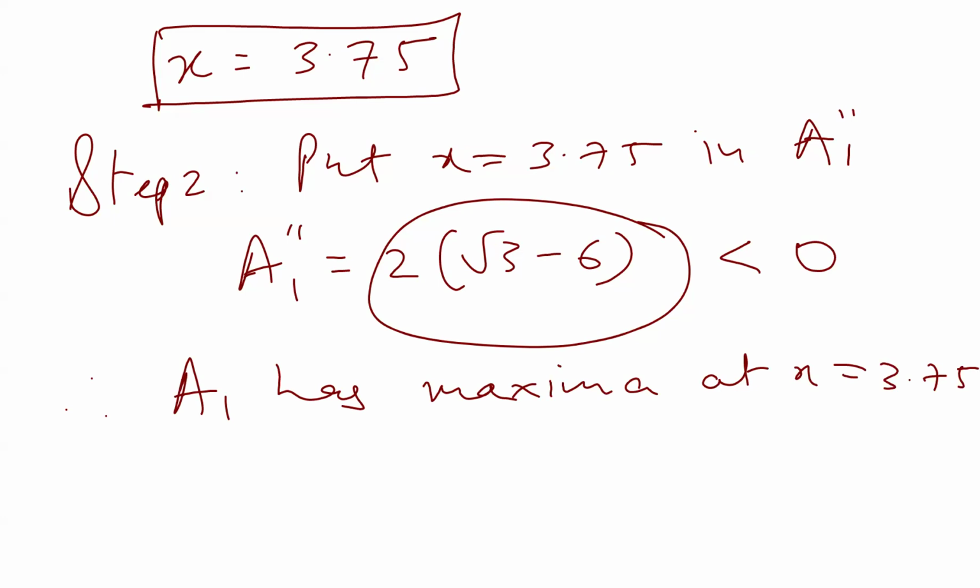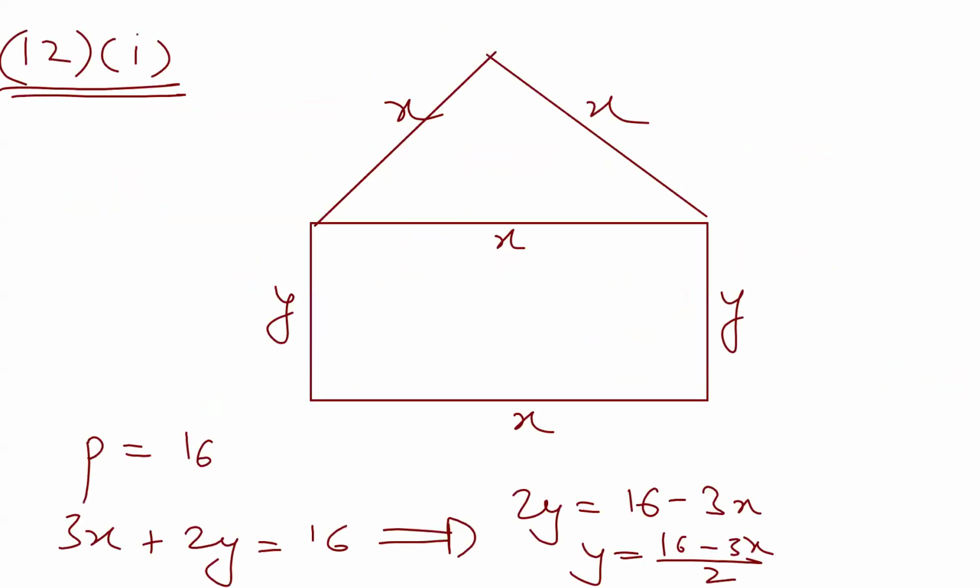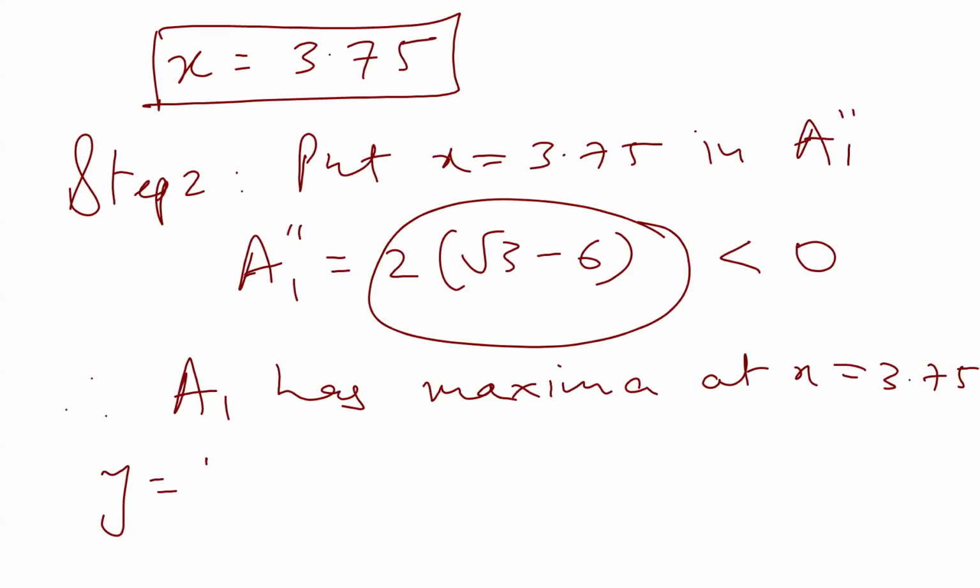Okay. Now they're asking you the width. Width is the smaller side of the rectangle. So the smaller side of the rectangle is y. Y is equal to 16 minus 3x by 2. So we'll find out y, then we will see which one is the smaller side.